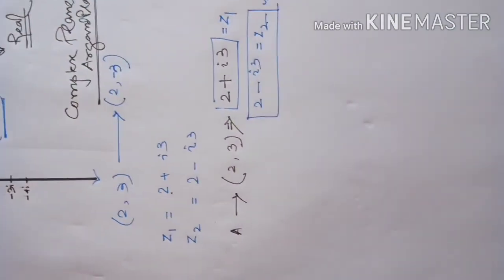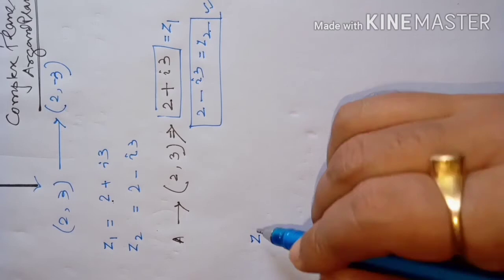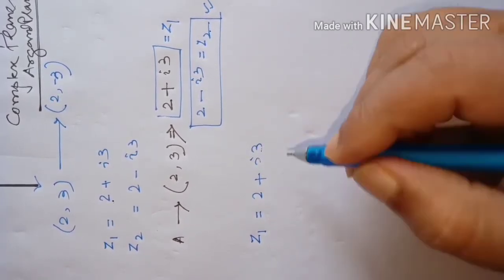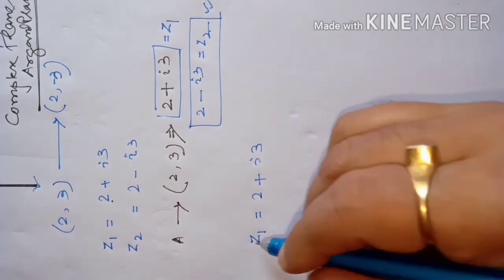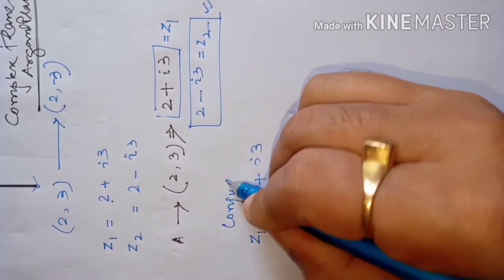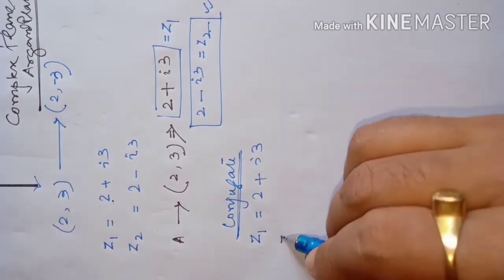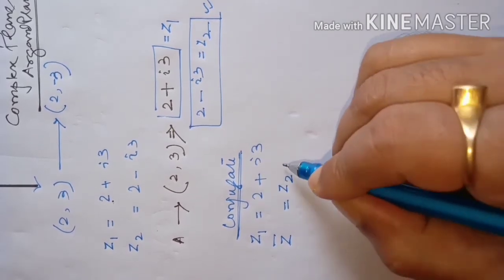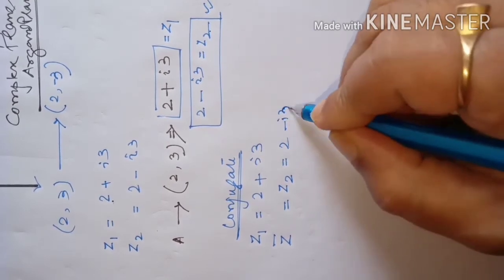So generally, suppose a complex number Z1 is 2 plus iota 3, and we have to write its conjugate. We write it like this, Z bar. Actually this Z bar will stand for Z2, meaning this number 2 minus iota 3.